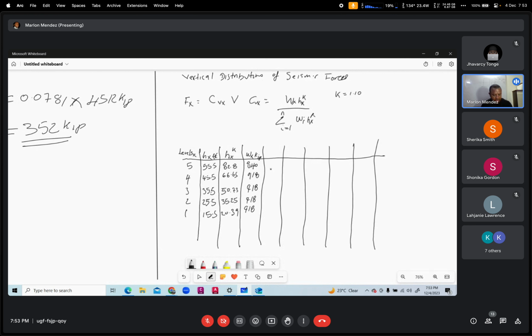Then we have here the multiple of this. So we're basically carrying out the numerator exercise here, which is Wx times hx raised to K, and that is just multiplying that.